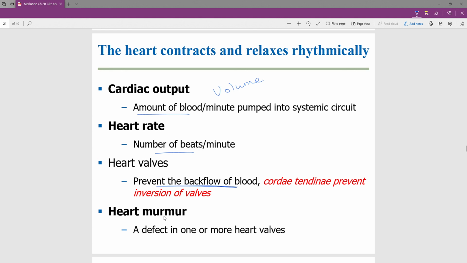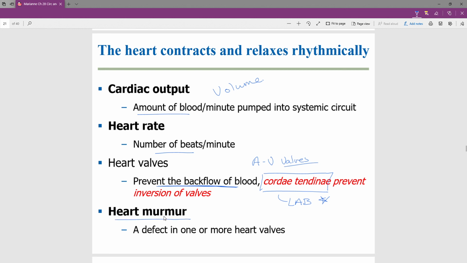This is in the lab, but the heart valves, the AV valves, but not the semilunar valves, have heartstrings. The fancy name for heartstrings is chordae tendineae. Again, that's in the lab, and you're going to be able to see them in the heart dissection. What they do is they prevent the inversion of the valves. Sometimes if you have a defect or damage to one of your valves, you end up with a heart murmur.